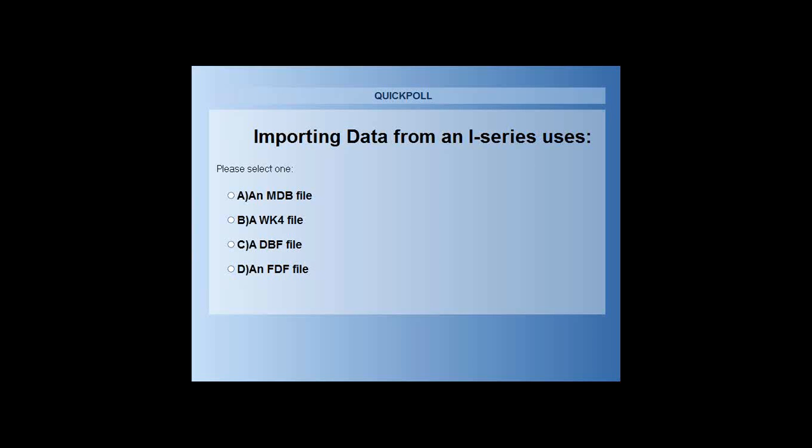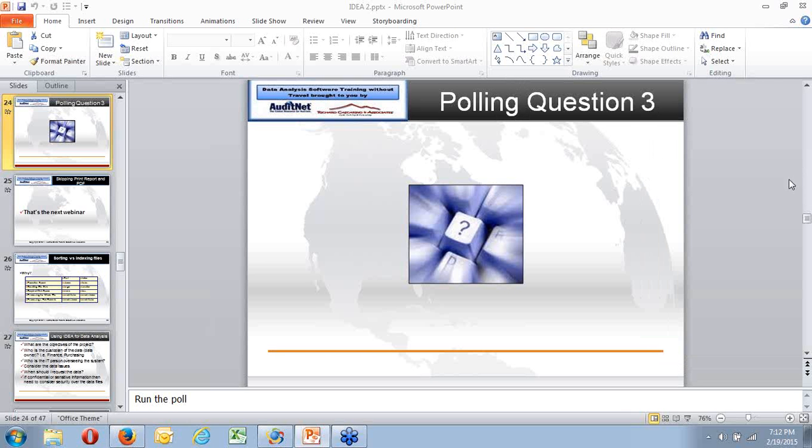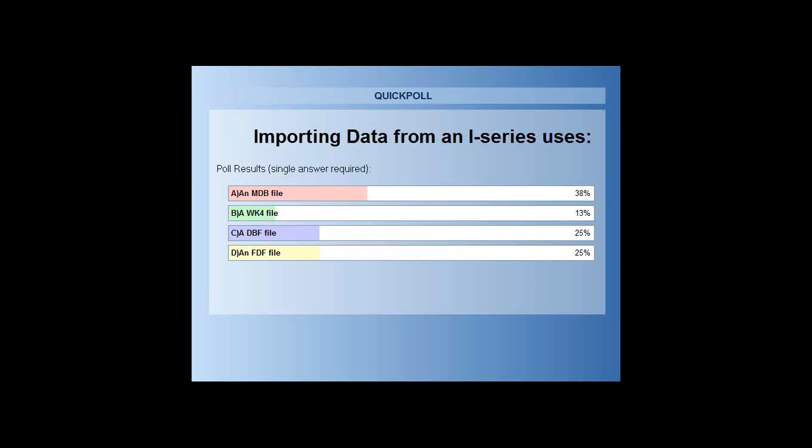I think everyone's voted. I will close the file and share the results. And we've got a variety coming in. An MDB file was coming in from a Microsoft database.